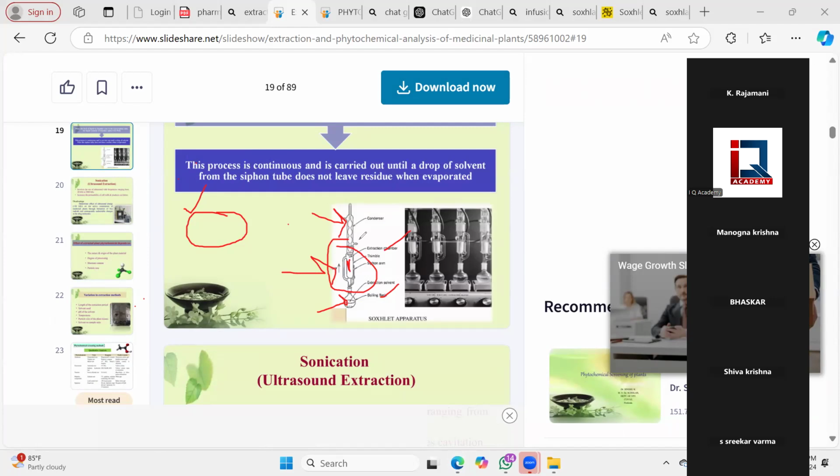In detail, we will see later. I'm showing you superficially so that you can understand the different types of extractions.